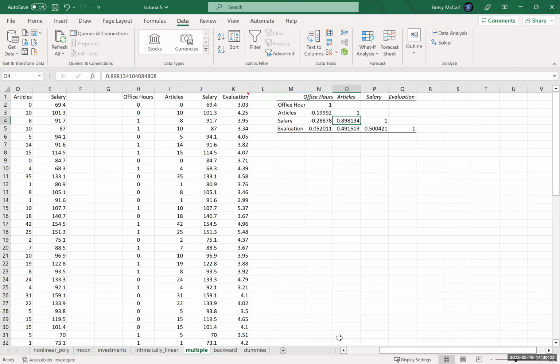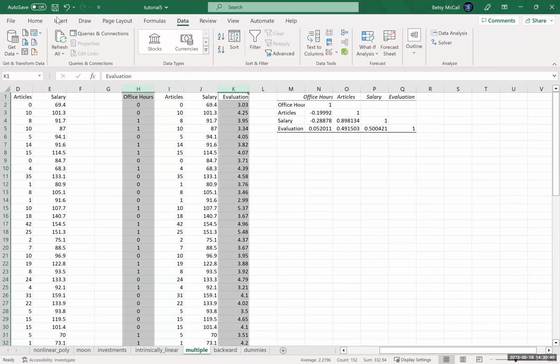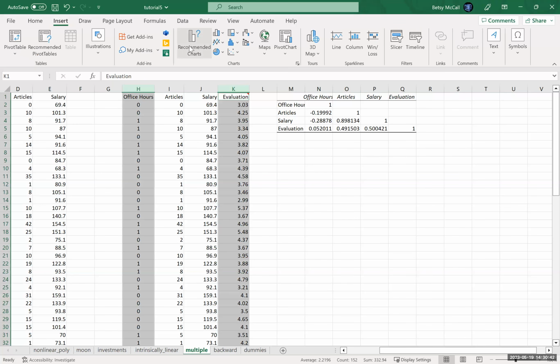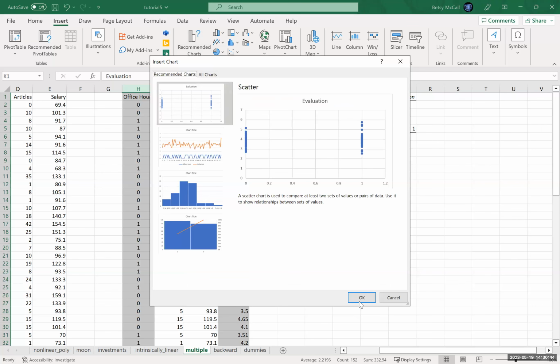All right, so now that we have our initial assessment, we could construct individual scatter plots for each one of our variables relative to evaluation.